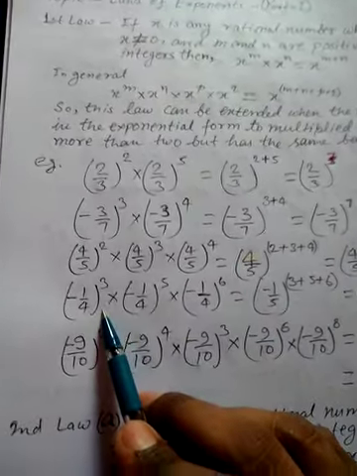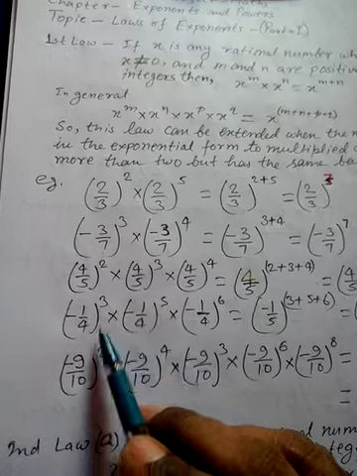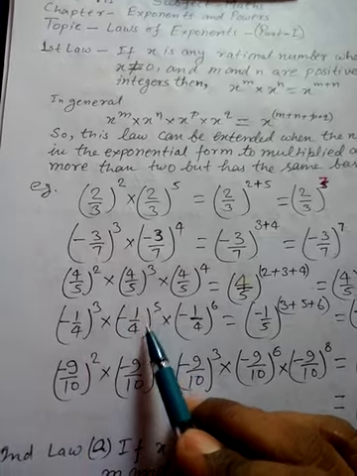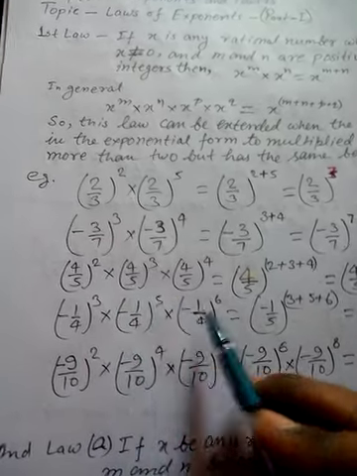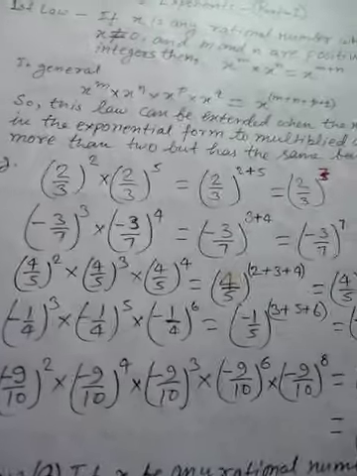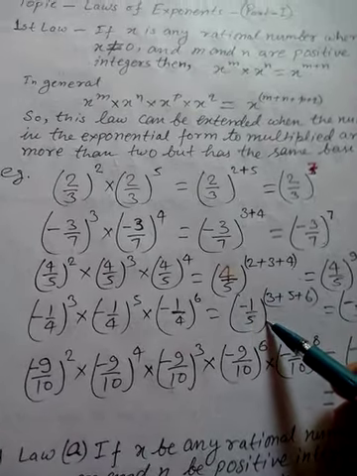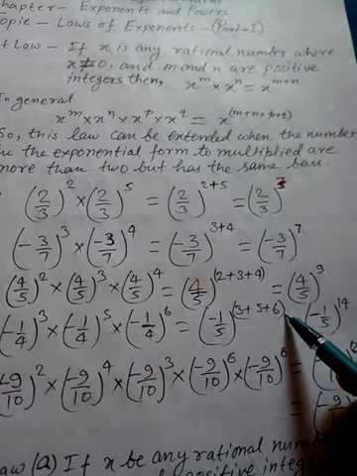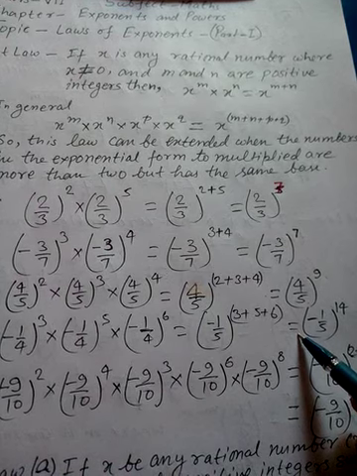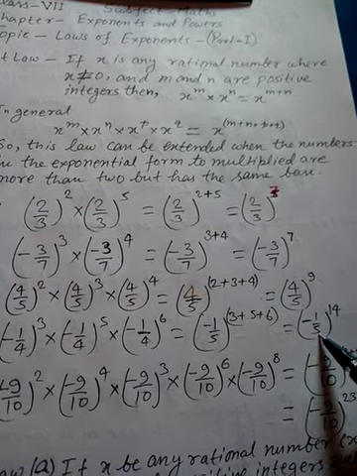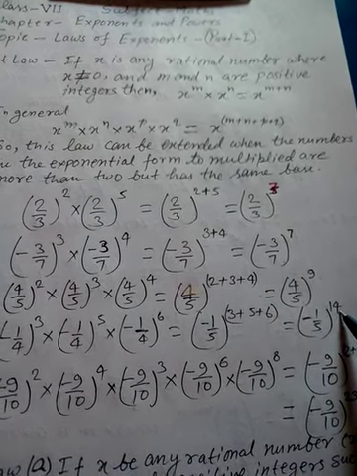In the next example, minus 1 by 4 to the power 3 into minus 1 by 4 to the power 5 into minus 1 by 4 to the power 6. That also gives you minus 1 by 4 to the power 3 plus 5 plus 6, which equals minus 1 by 4 to the power 14.